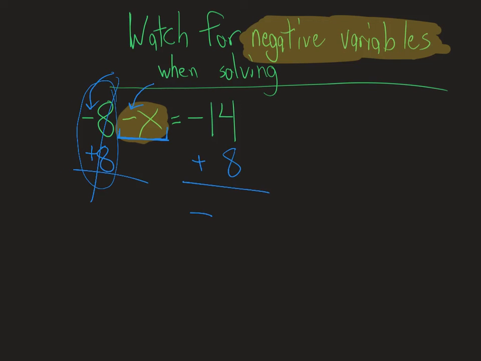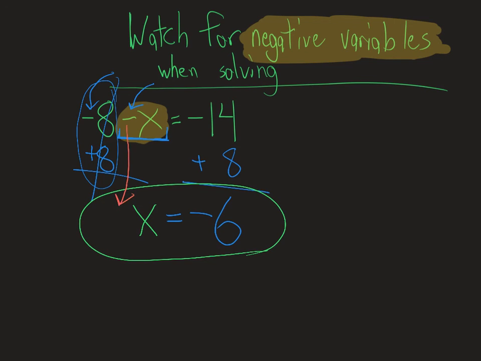Negative 14 and 8 is negative 6. And here's what I've seen about 1,000,001 times as a teacher. I see this, and student feels like they're done because they got x by itself. But do you see what's missing? What got dropped? And hopefully you said, yeah, Mr. O, you just pointed it out. That negative is still on the x.